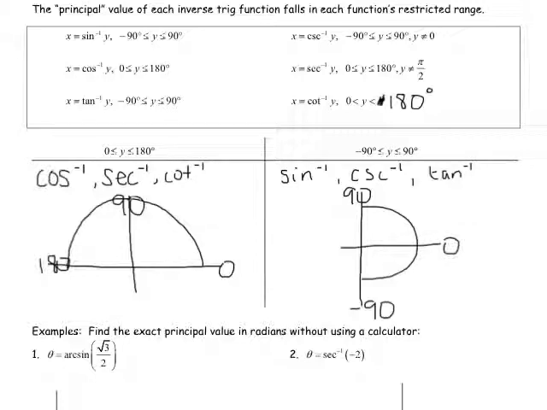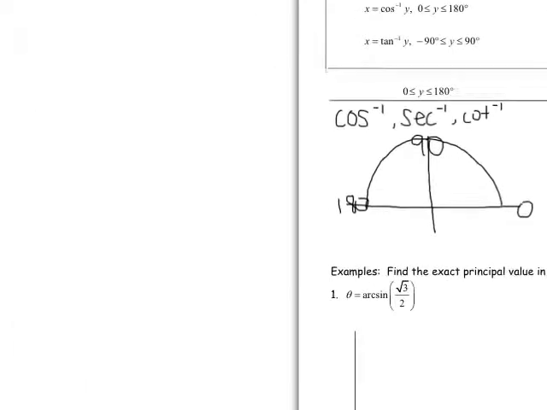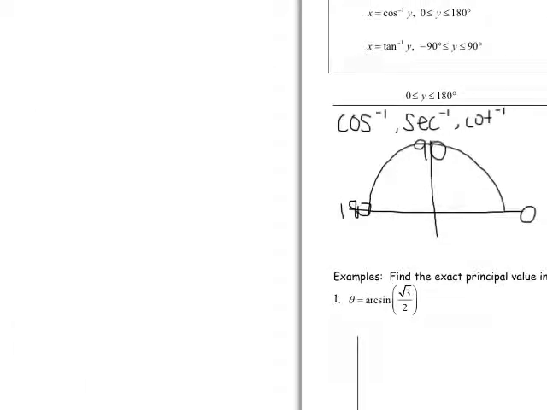So what does all of this mean so far? If I take a minute, I'm just going to come over to the side. Let's just say we're looking at from 0 to 180. Let's take one of those and talk about cosine inverse. So if you have cosine inverse, that means what is right here would be a ratio. Let's just make up the ratio 1/2.